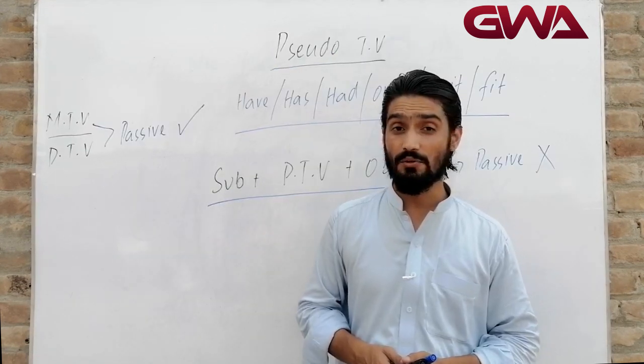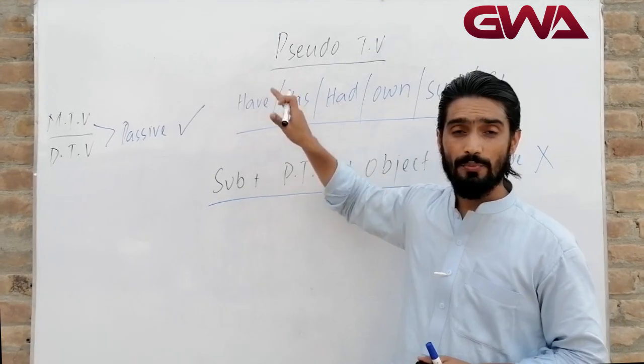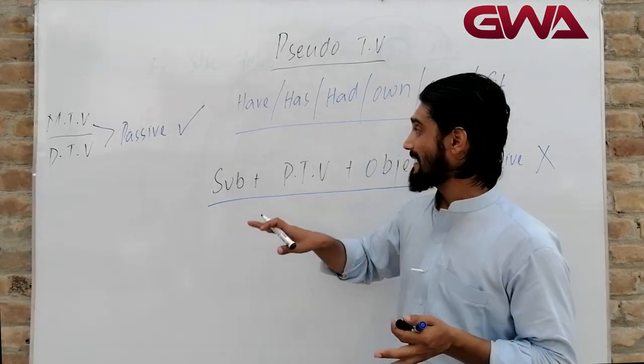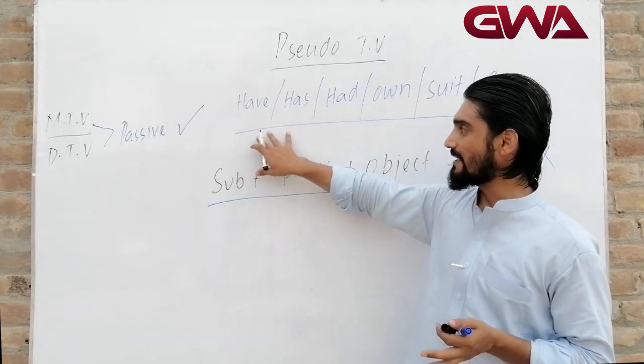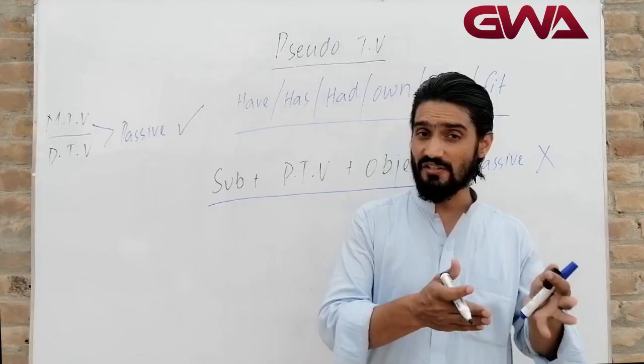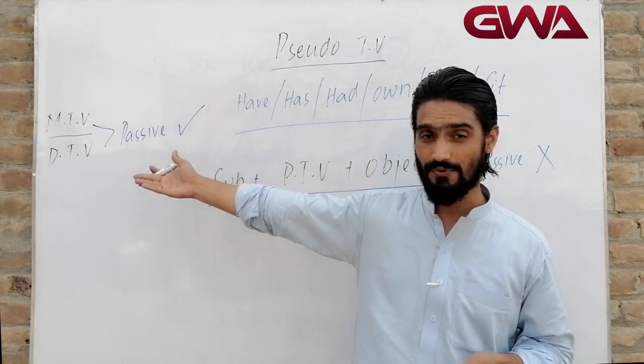The third one, pseudo-transitive verb. Pseudo means not real, not genuine. It means that these verbs will take an object, just like a transitive verb, mono and ditransitive verbs.